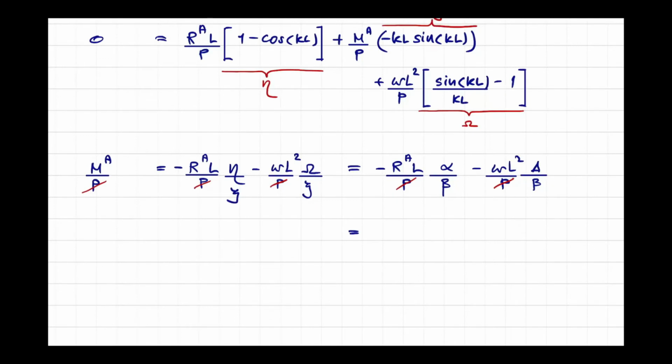We can clean things out a little bit further. Alpha over beta minus eta over C, that multiplies the RA.